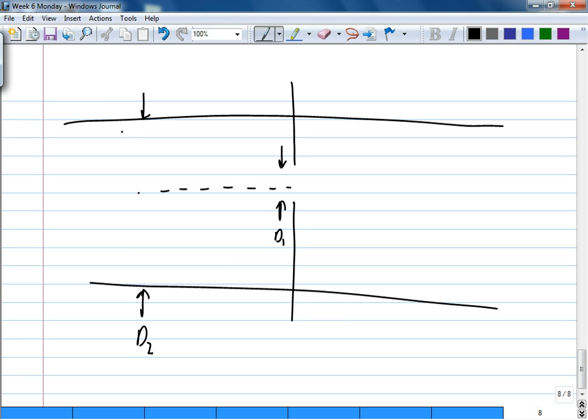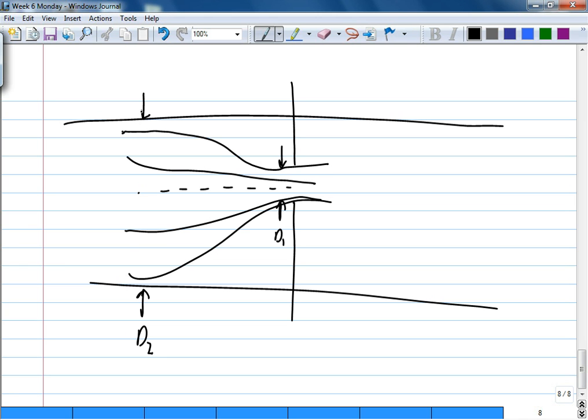Essentially the streamline is supposed to go like this. Before that, it was like the main pipe. And then after that, if you measure close enough to the hole, that's why it's important to measure close to the hole, it's as if you are measuring the pressure in the small pipe, before it expands out again.